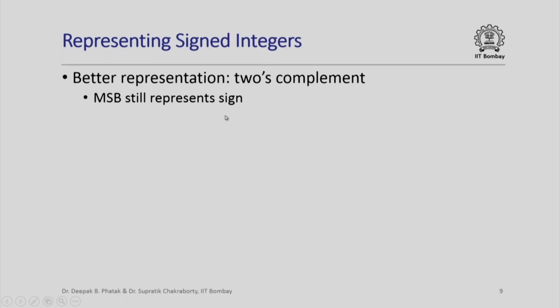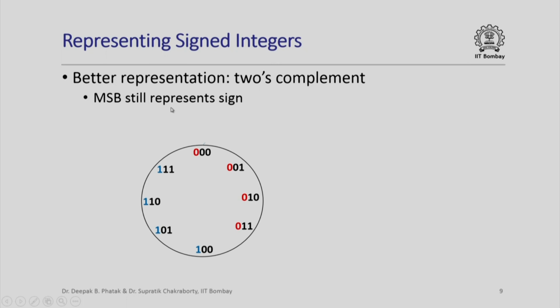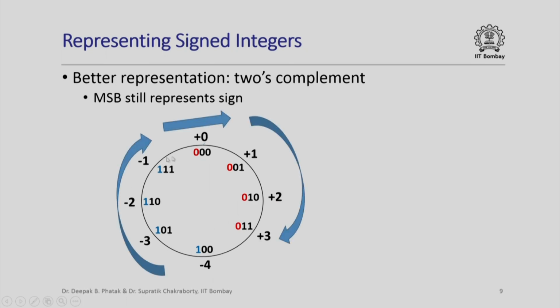in which we still consider the MSB to represent the sign of the number, and so in our circle along which we have placed all the valuations of 3 binary digits, we would still have these 4 representing positive numbers, these 4 representing negative numbers. However, we are now going to treat these positive numbers as 0, 1, 2, 3, and instead of these being -0, -1, -2, -3, we are going to now consider -4, -3, -2, -1.